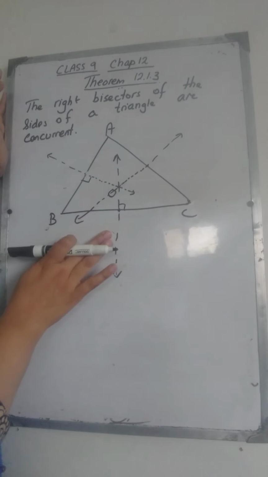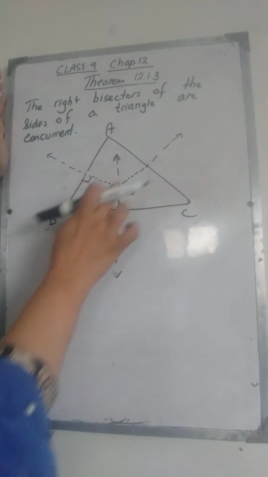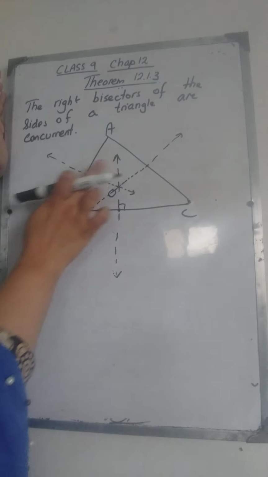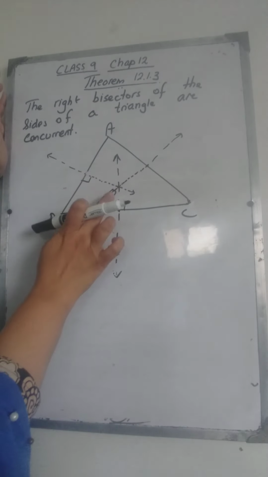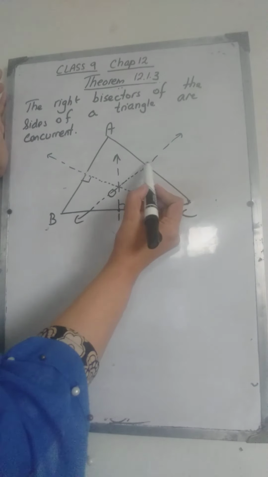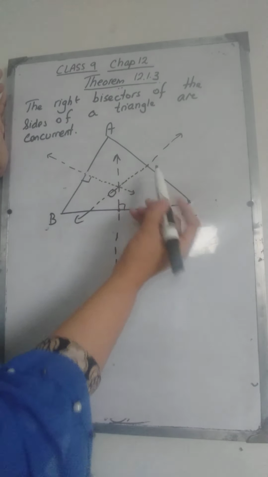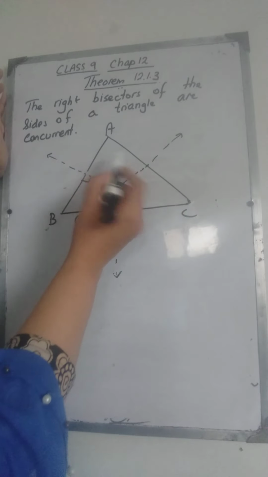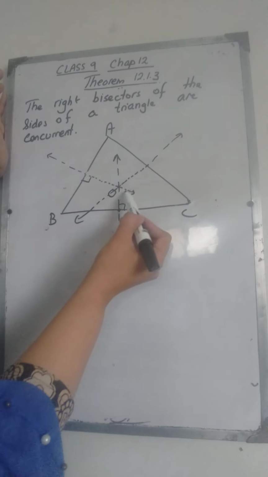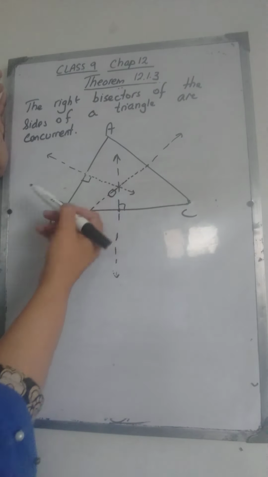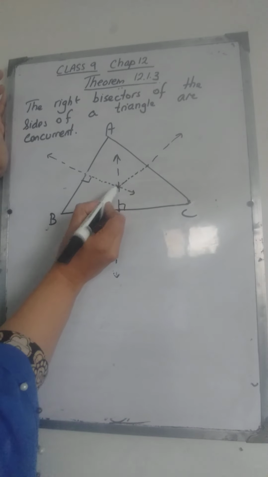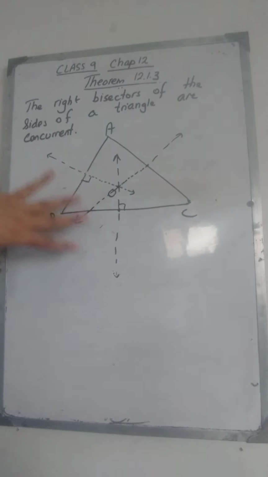If the other two cut each other at point O, the third will also cut both these right bisectors at the same point, not at a different point. It won't cut somewhere here or here. It will cut at the same point. The point of intersection of all three will be the same.